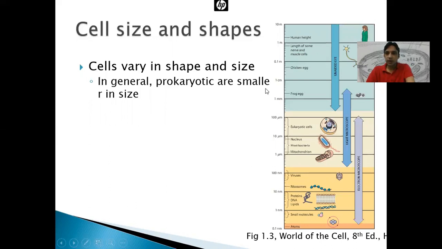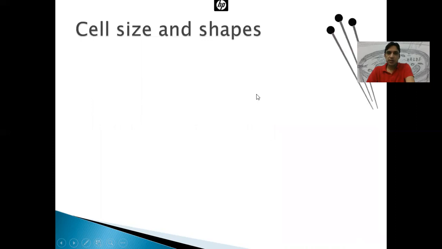So it starts from the size of the atom, something like this, 0.1 nanometer, and then it goes to the size of the molecules, and then the viruses, about 100 nanometers, and then the organelles, the components present within the cells, and then the total cell is about 100 micrometers, and then the zygote and the embryos and chicken egg, and then other things. So all these things are different components of the cells.